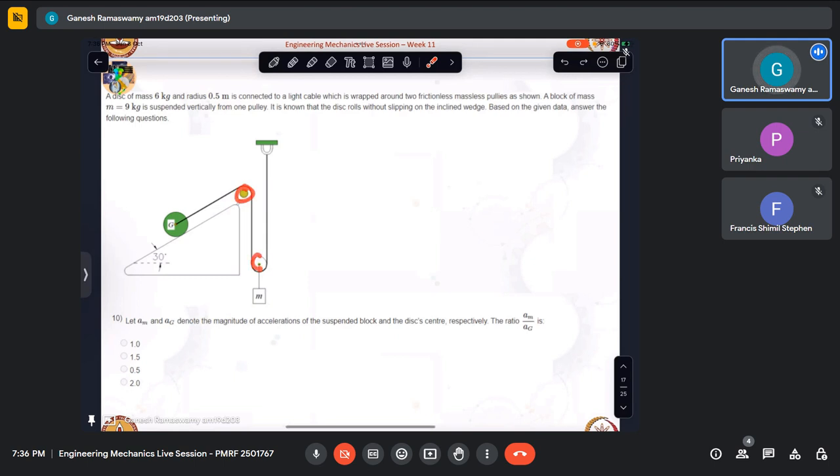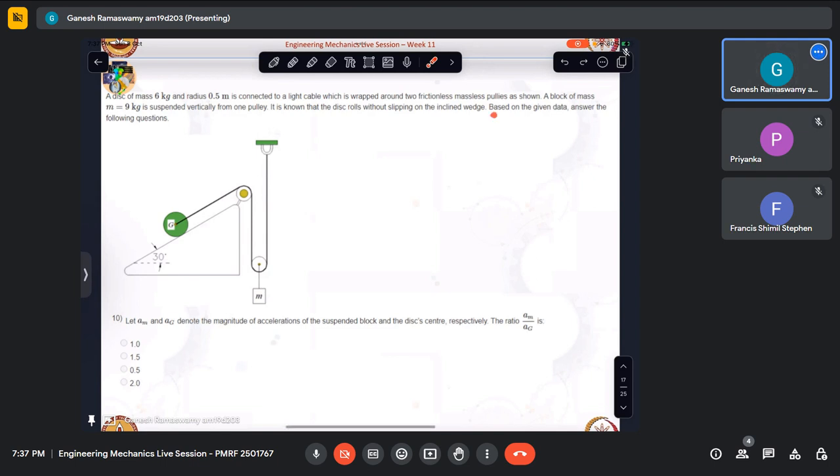The block of mass 9 kg is suspended vertically from one pulley. So it goes like this, suspended from this pulley. It is known that the disc rolls without slipping on the inclined wedge.